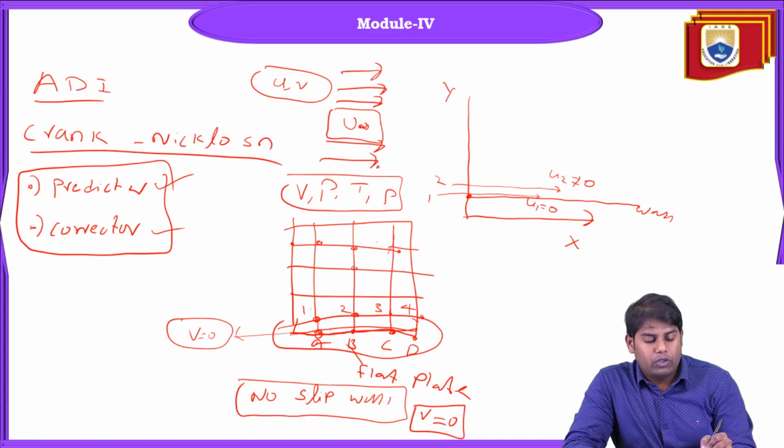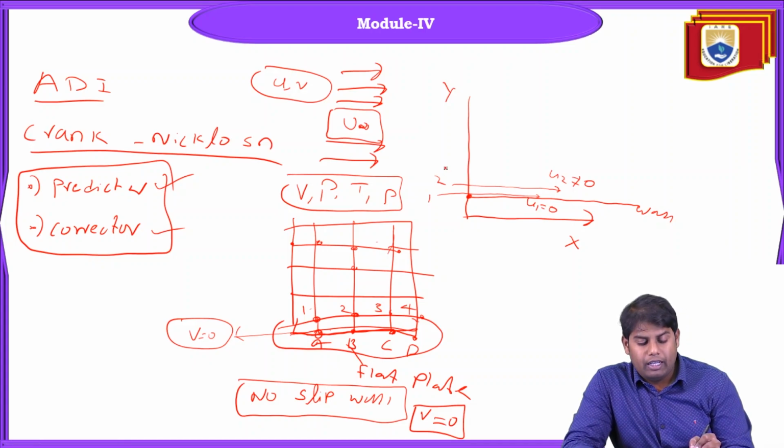Any fluid layer you take there, the value of velocity is always u infinity. There is no change. So here u2 will be very much less than u infinity. Why? Because u2 is getting reduced by u1.